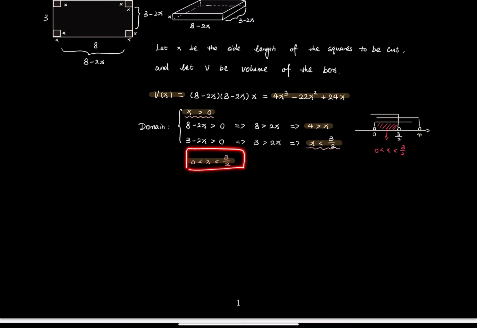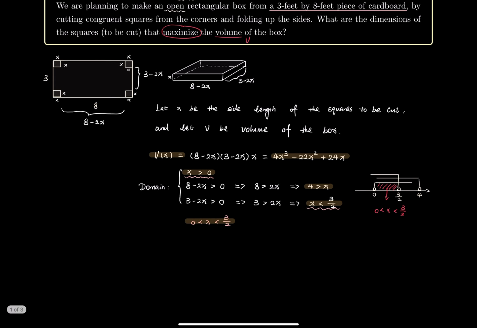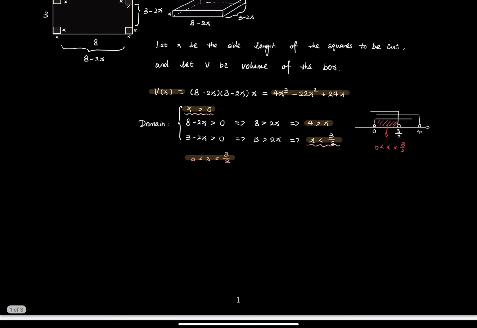If it has any maximum or minimum value, it must be at a critical point. So we need to find the critical points of this. So let's do that. Let's take the derivative.